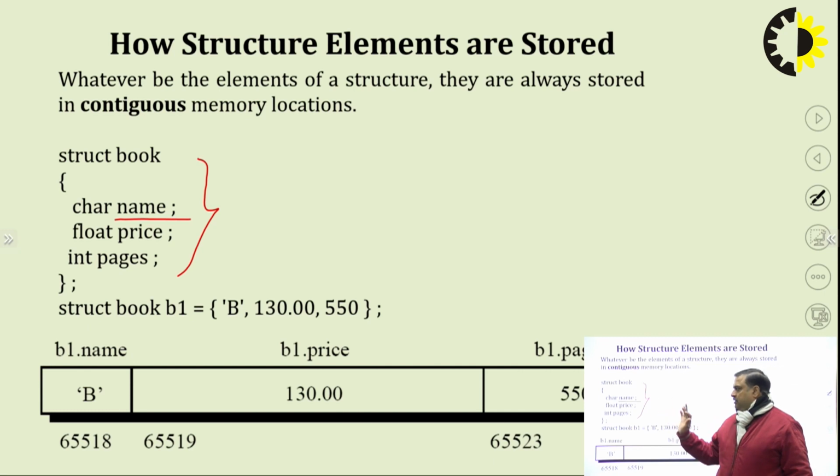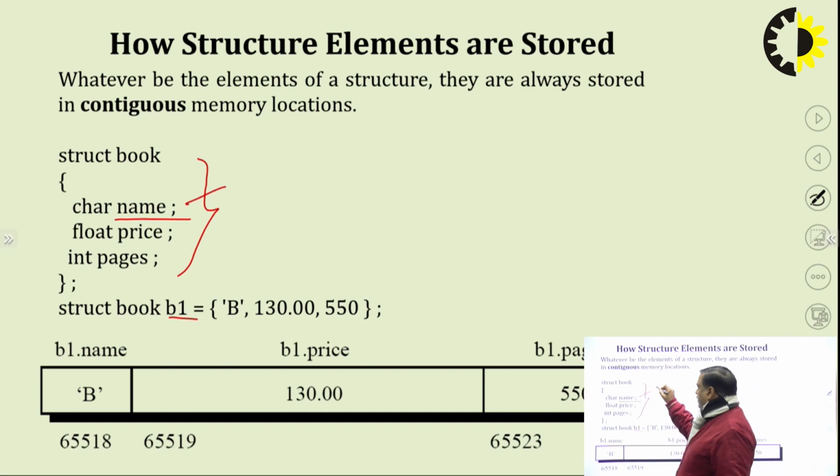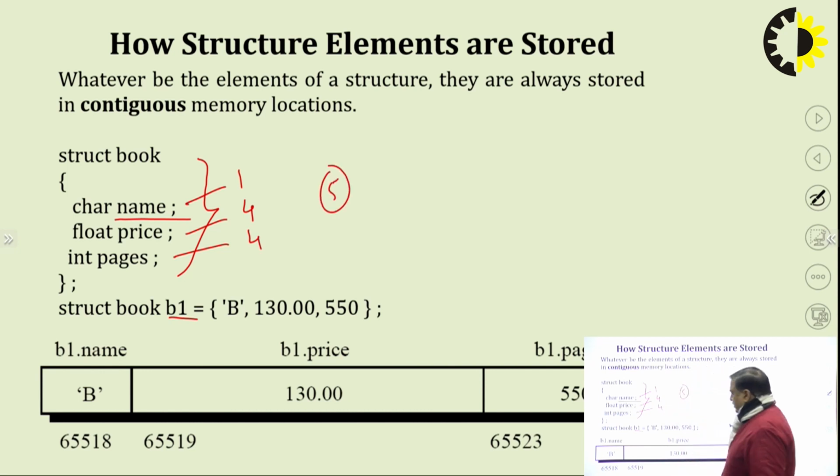So whenever we create this B1, how much memory will be occupied? Char will require 1 byte, float will require 4 bytes, int will require 4 bytes.